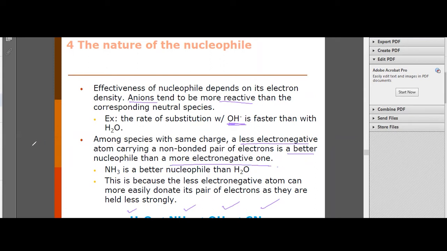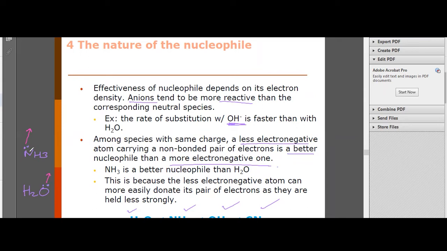Why? Since the nucleophile tends to donate its lone pair, right? We want to compare NH3 and H2O here. Once again, the nucleophile tends to donate its lone pair to the C positive.